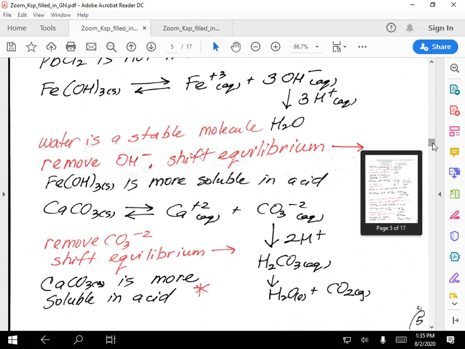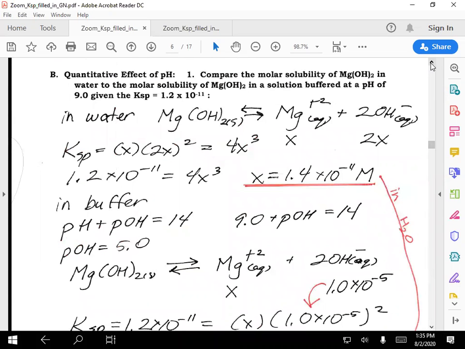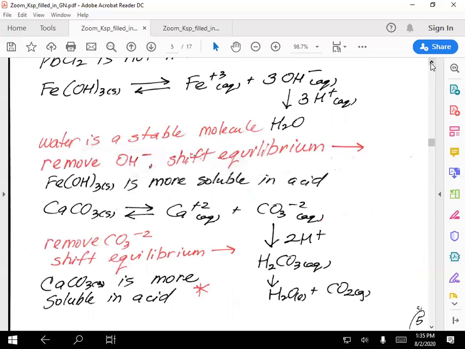So let's look at the calcium carbonate. Calcium carbonate is in equilibrium with calcium ion and carbonate ion. We have acid that makes carbonic acid. You should remember from your prior chemistry classes that carbonic acid spontaneously decomposes to give you water and carbon dioxide.